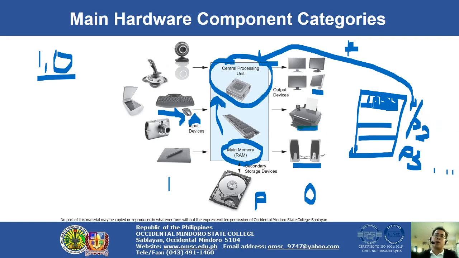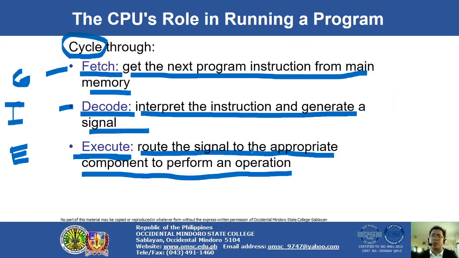Say for example, it's 100. So this is our process. First process is i-fetch natin. Kukunin ni CPU yung process natin, so idadala doon sa ating CPU. Ang gagawin is i-interpret. So ano yung i-interpret natin? Ano ba yung ginawa niya? Nag-encode. Meaning, there is a signal. Nag-encode ka. After mo mag-encode, pupunta ka kay execute.